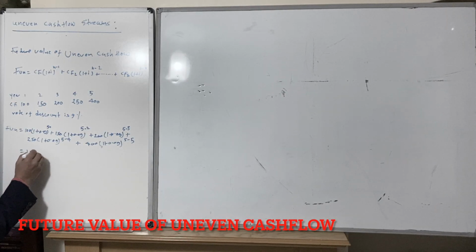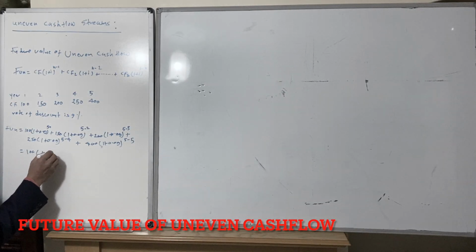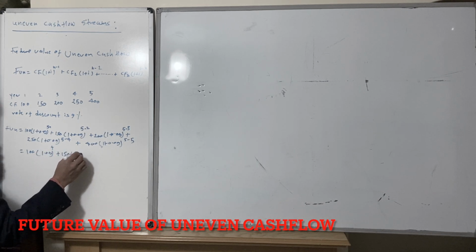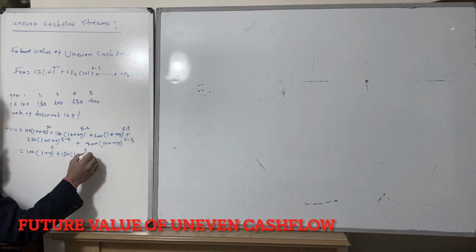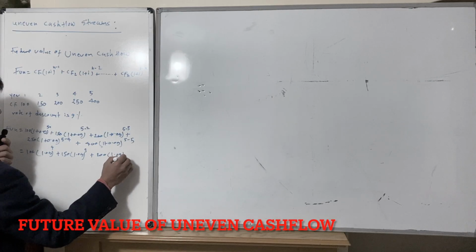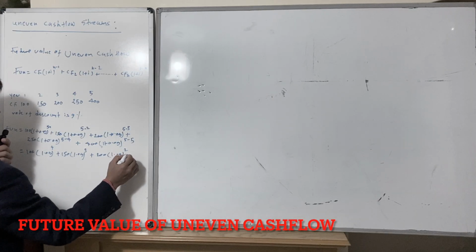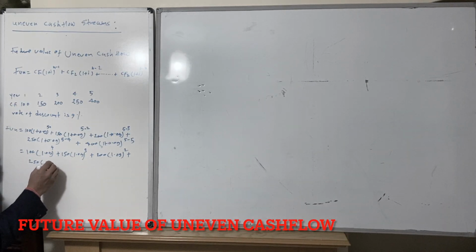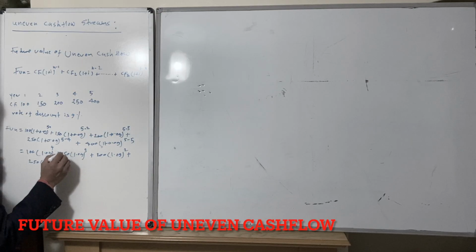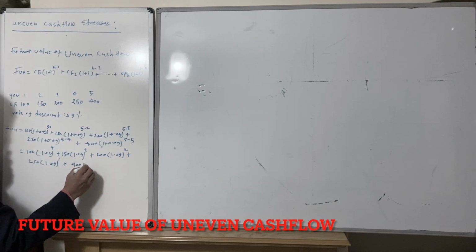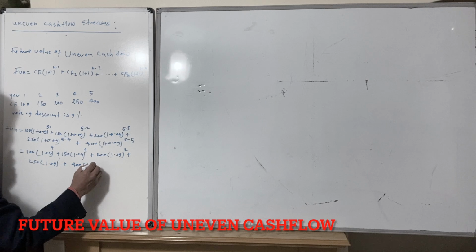So in this way we get 100 times 1.09^4 plus 150 times 1.09^3 plus 200 times 1.09^2 plus 250 times 1.09^1 plus 400.